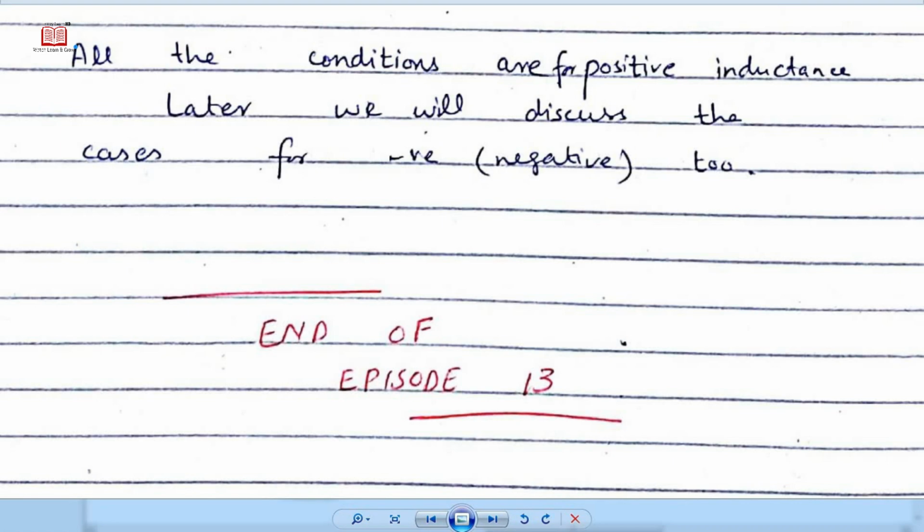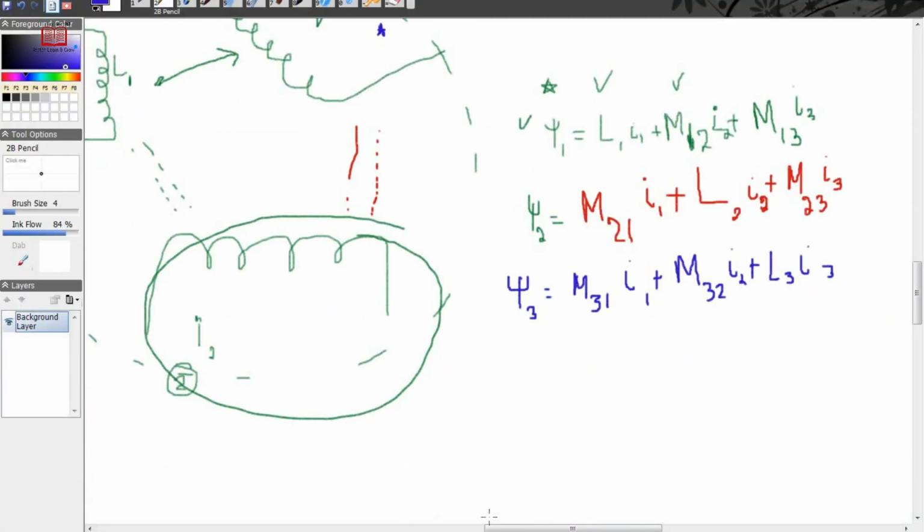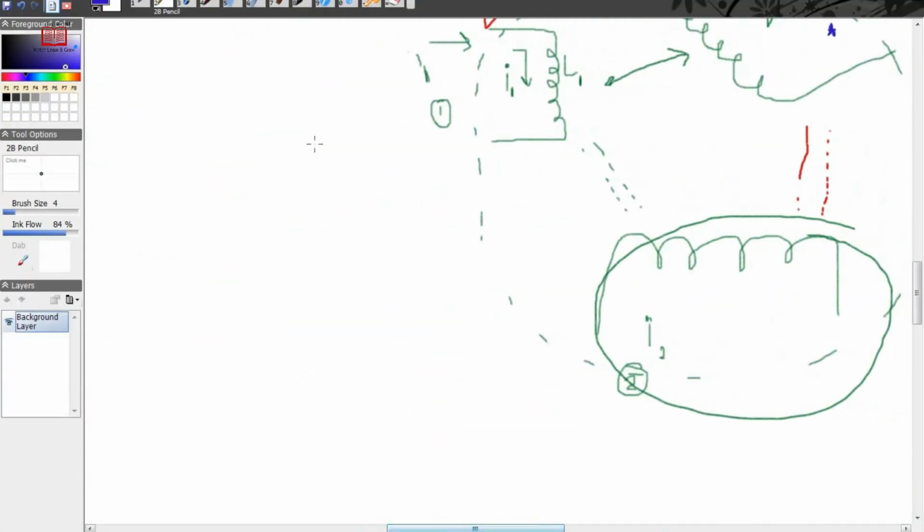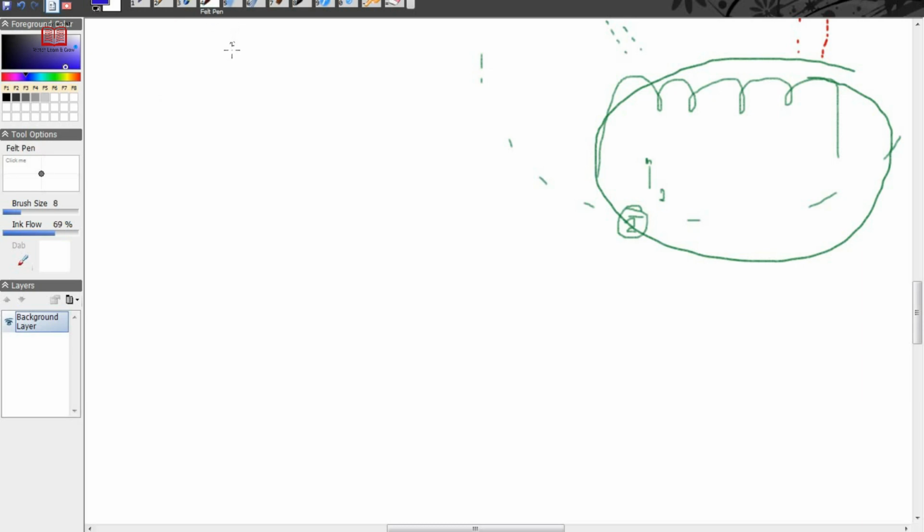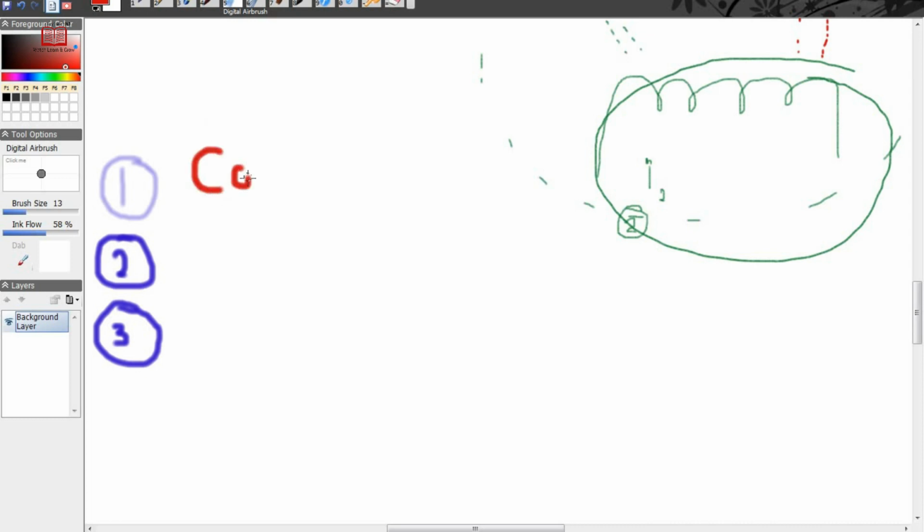I will take a minute more just to give you an introduction. Suppose there are different types of systems, 3 types in total. First, we had the capacitive system.